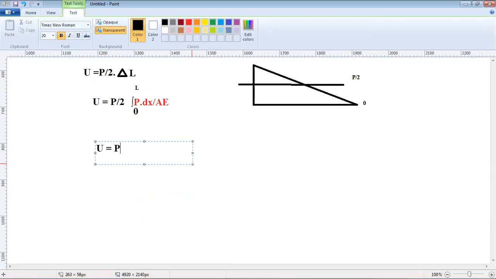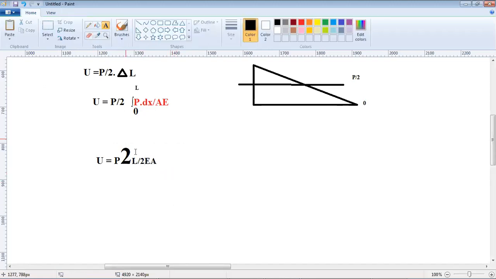P square, this is actually square at the top, P square, into L divided by E A. There will also be 2 at the bottom, 2EA.